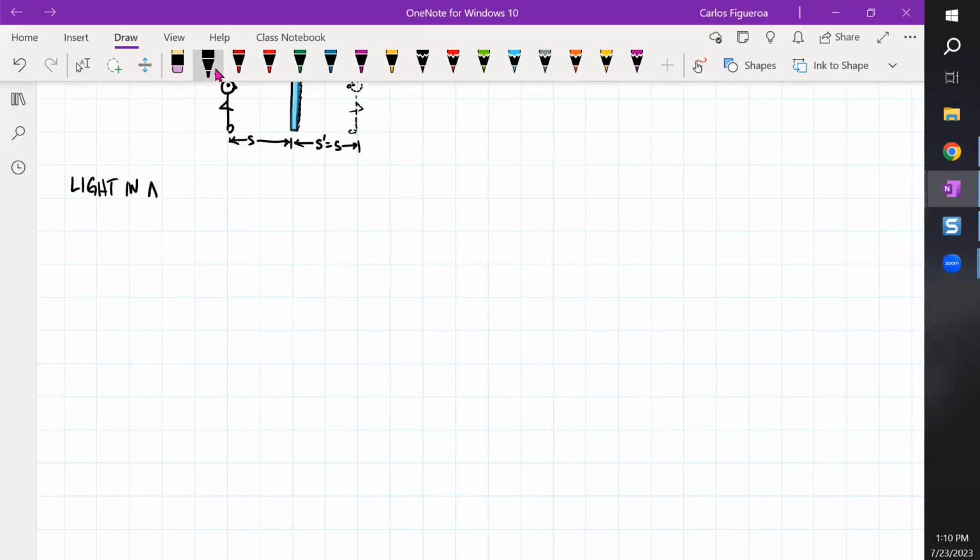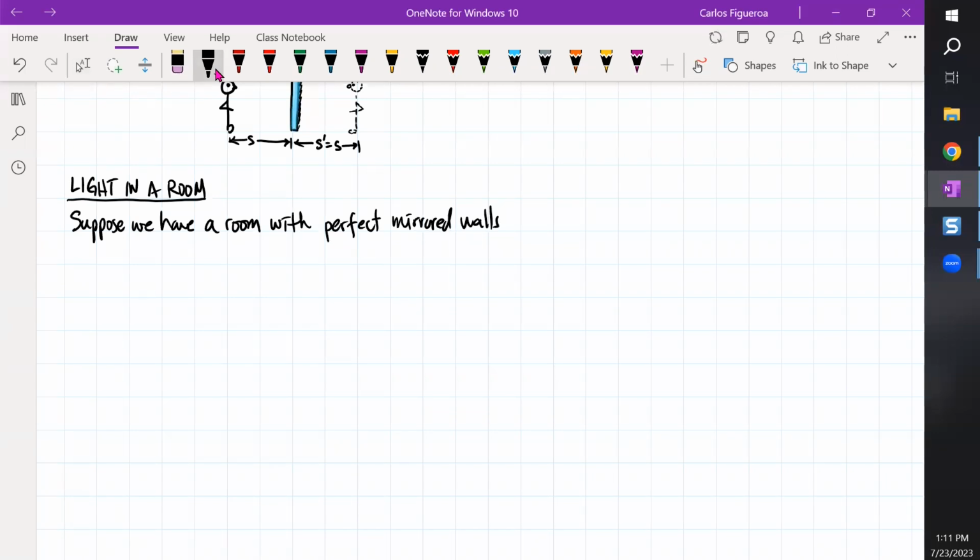Light in a room. Suppose we have a room with perfect mirrored walls. So if I sketch this out, mirrors are that silvery perfect white.